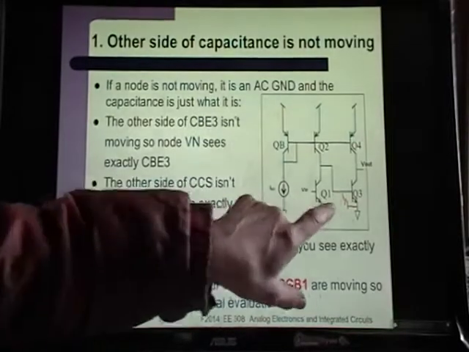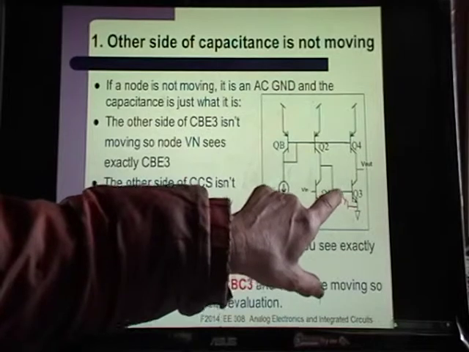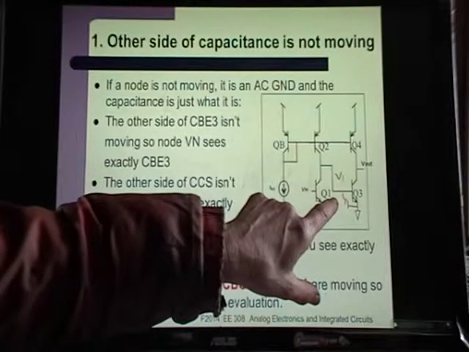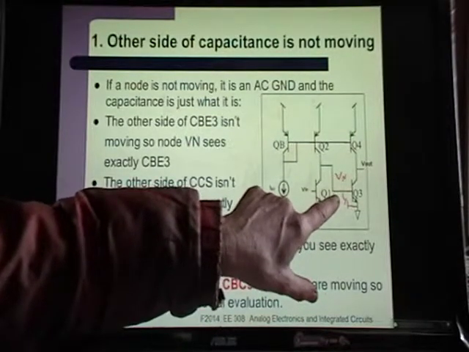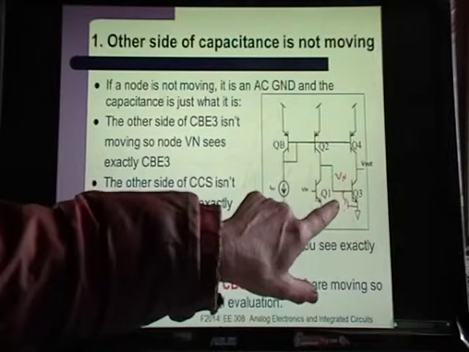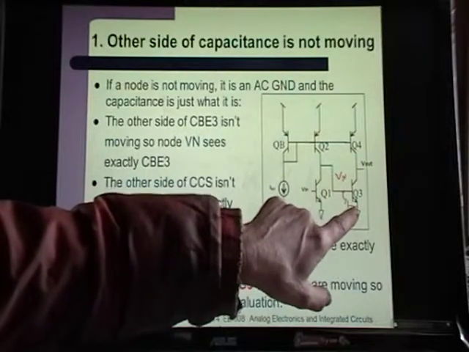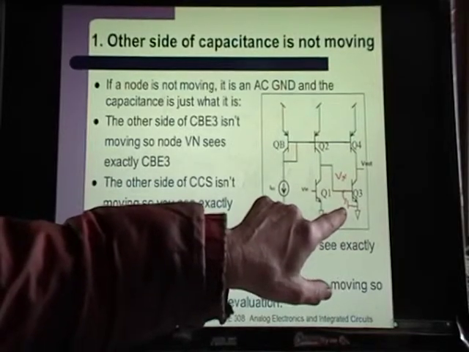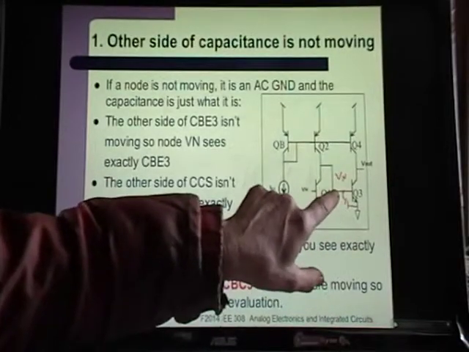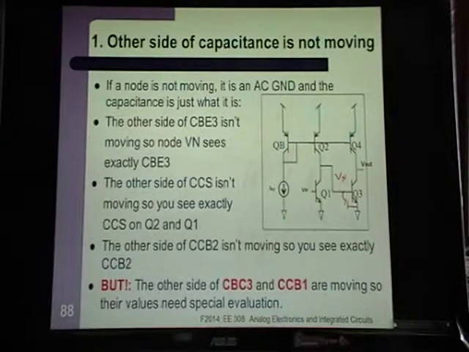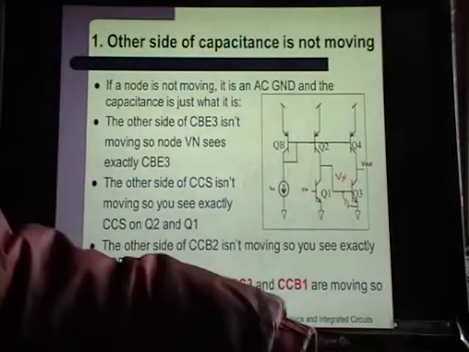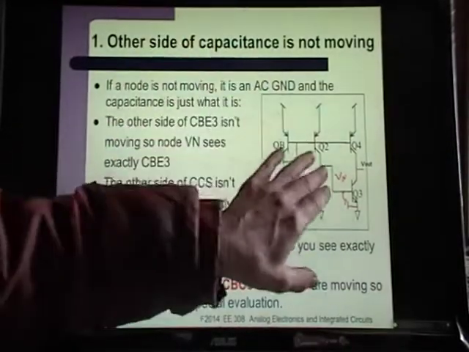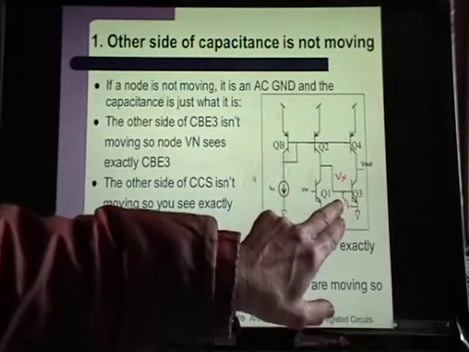If you're sitting on Vn, this side is moving, but the other side of the capacitor isn't moving. So whatever the value of C_BE is, that's the capacitance you see on this node. So that's case one, where the other side of the capacitor isn't moving, then you just see that capacitance.